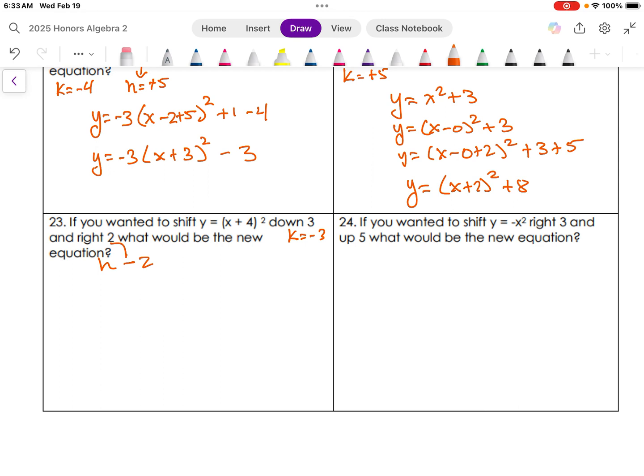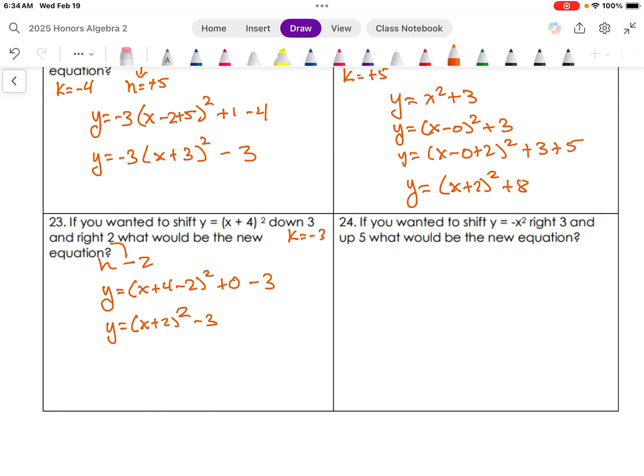So as I start with my equation again, subtract 2 from the h, take the original, sorry, they did not have a k there, so the original k was 0, and then I have to subtract 3 from it. And I clean this up, and I get x minus 2 squared minus 3.